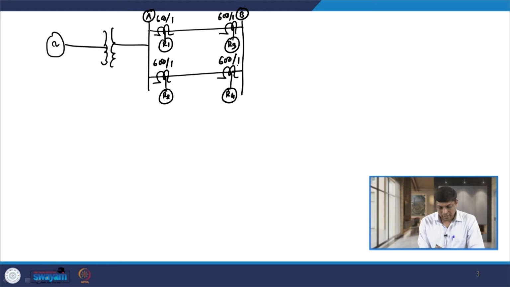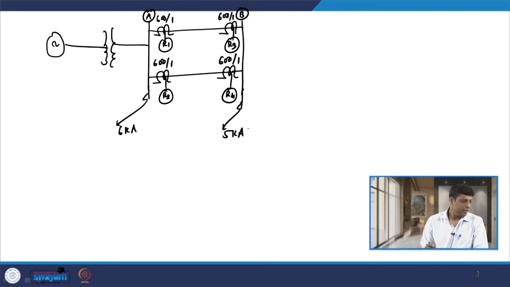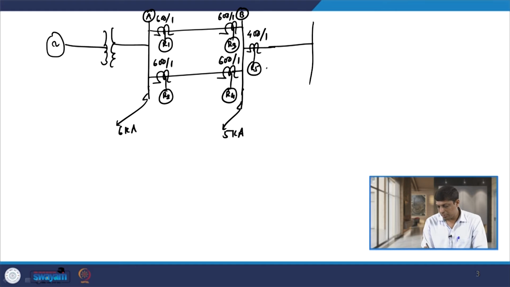The fault level at bus A is given as 6 kilo ampere, the fault level at bus B is given as 5 kilo ampere, and then we have another relay located here, that is relay R5, whose CT ratio is given as 400 by 1, its plug setting is 75% and its TDS value is 0.15.